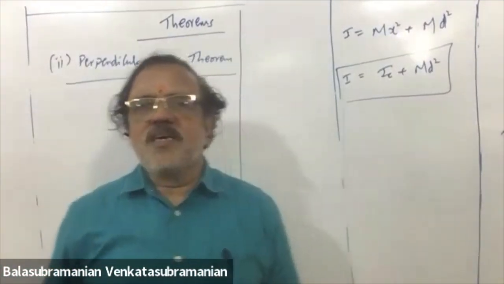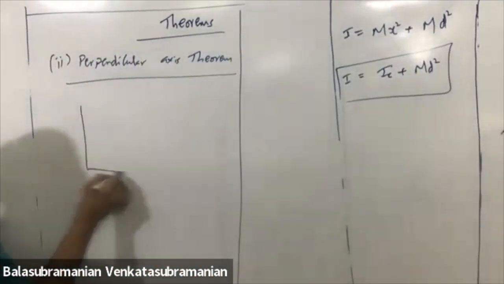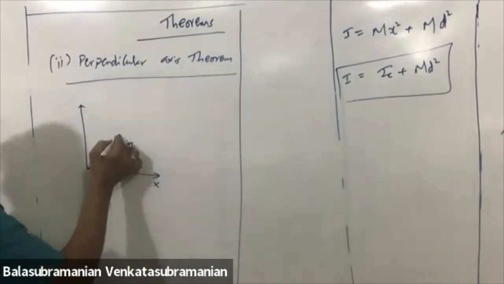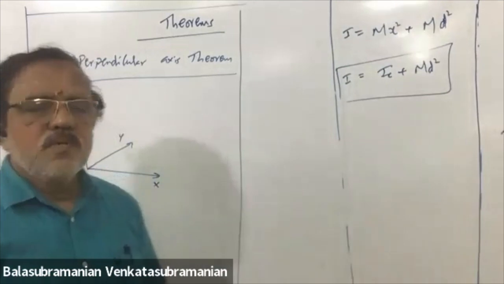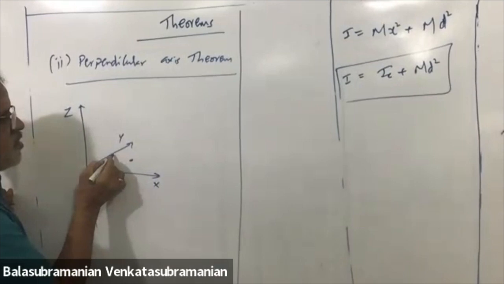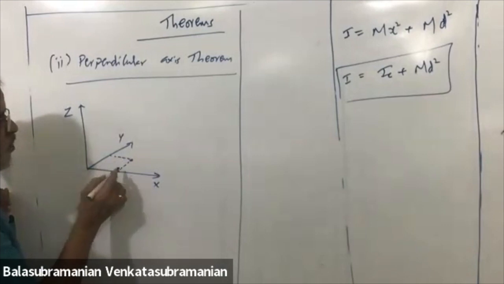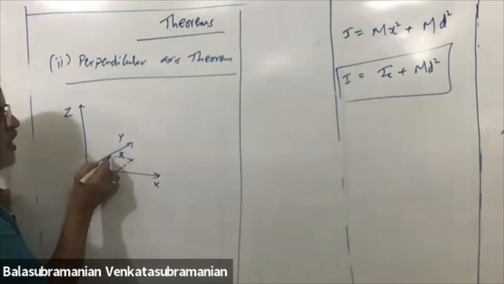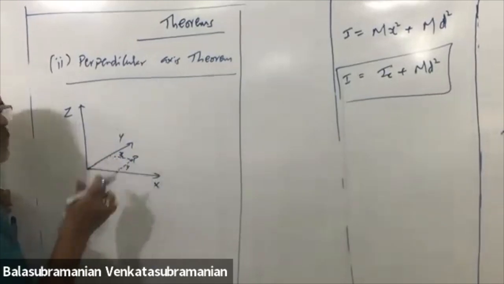Here, we are going to consider a rectangular lamina having three different axes: X, Y, and Z. You are considering one particle here, which is at a distance of x from the Y axis and y from the X axis.